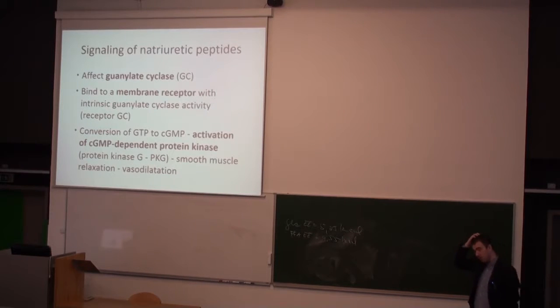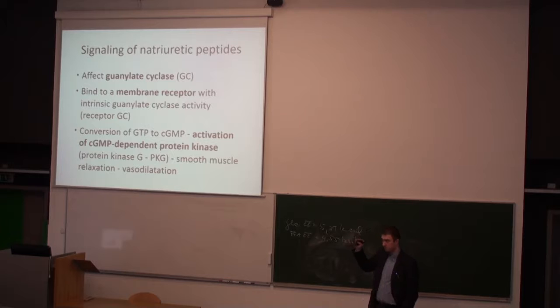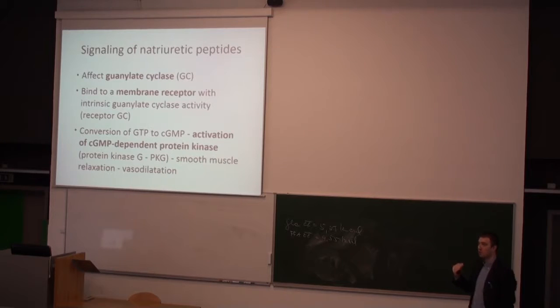How do they do it? At the molecular level, if we return to the first year, you know that peptides typically have receptors on the cell membrane. After the binding to this membrane receptor, the receptor will show its guanylate cyclase activity. That means that we call it receptor guanylate cyclase. The guanylate cyclase will generate cGMP, the analog of cyclic adenosine monophosphate.